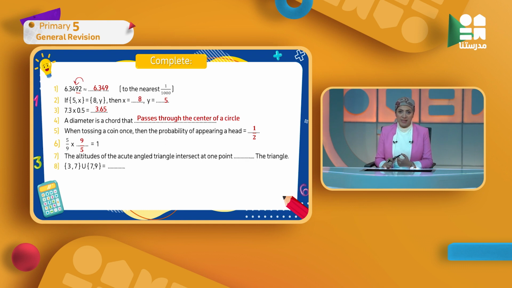So here number 7, the altitudes of the acute angled triangle intersect at one point where in the triangle. زي ما قلنا regardless the type of the triangle that I have is, I have 3 altitudes in any type of a triangle. What differs here is where these altitudes meet.